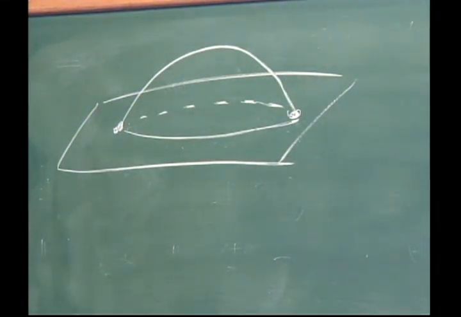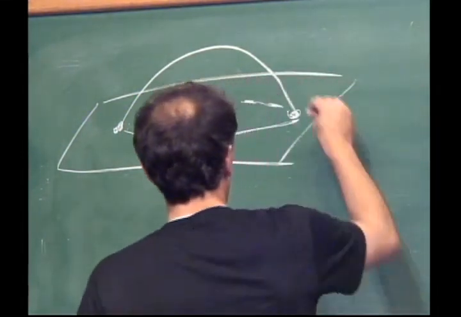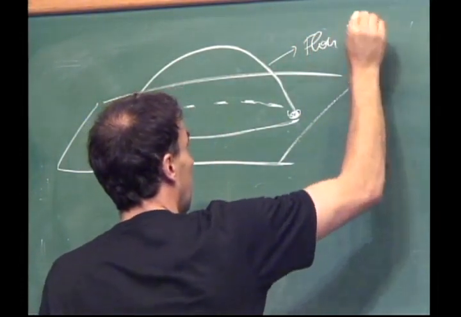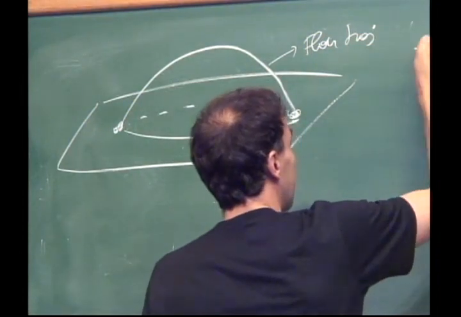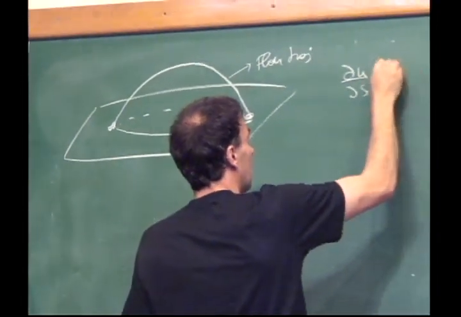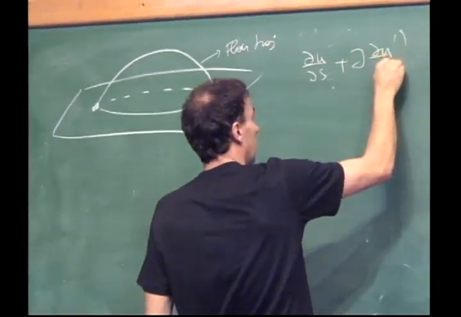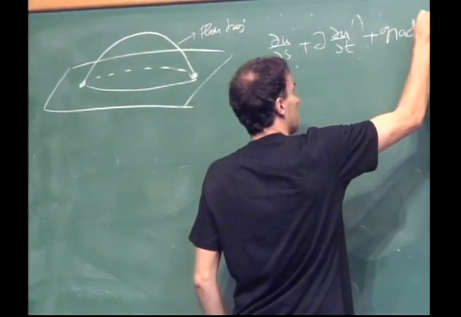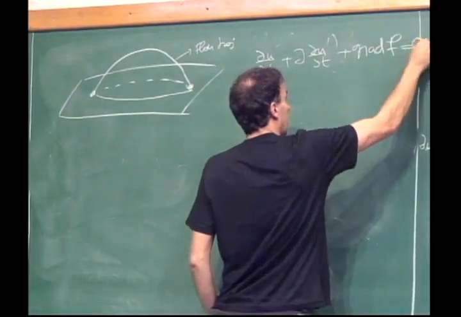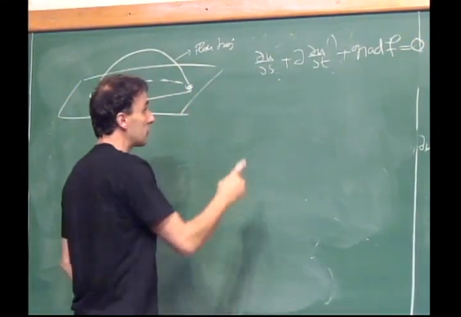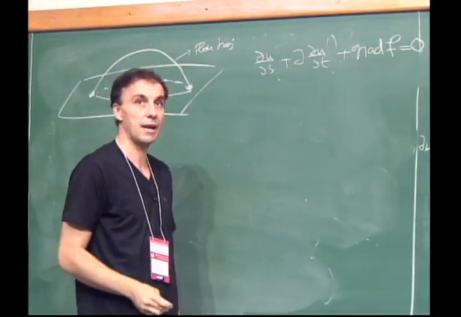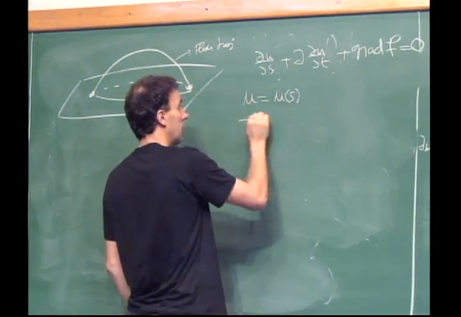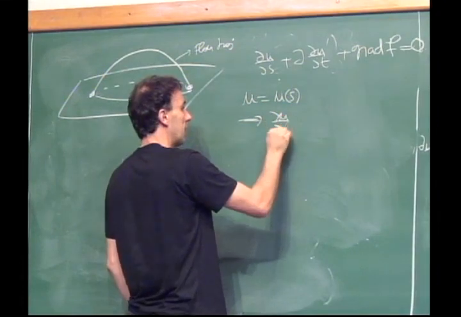And among them, so these are Floer trajectories. So among them you have, of course, as Alex told us, among them we have those which are independent of time. And those ones are just the gradient lines.